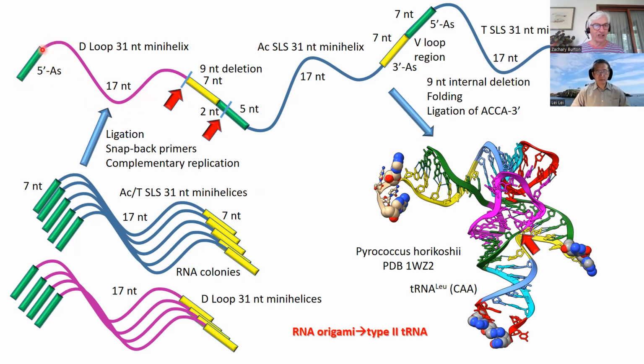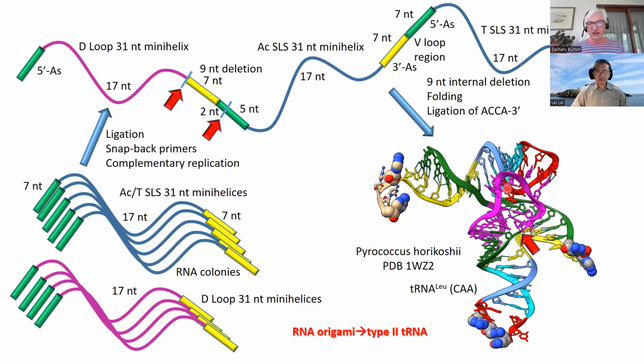It's got a 5' acceptor stem and then a 17 nucleotide core and a 7 nucleotide 3' acceptor stem. And you ligate it here to a 5' acceptor stem, followed by this blueberry flavored RNA, and then a 3' acceptor stem. And then you ligate another molecule that's identical to this molecule there.